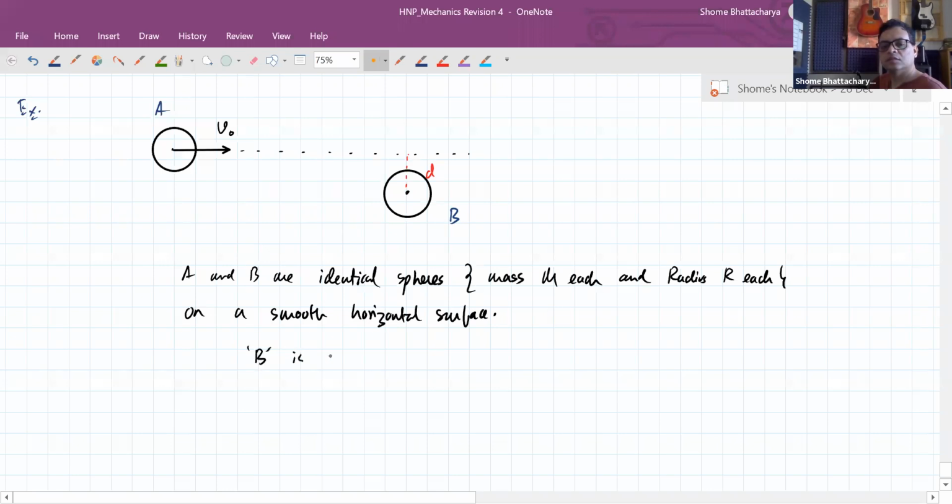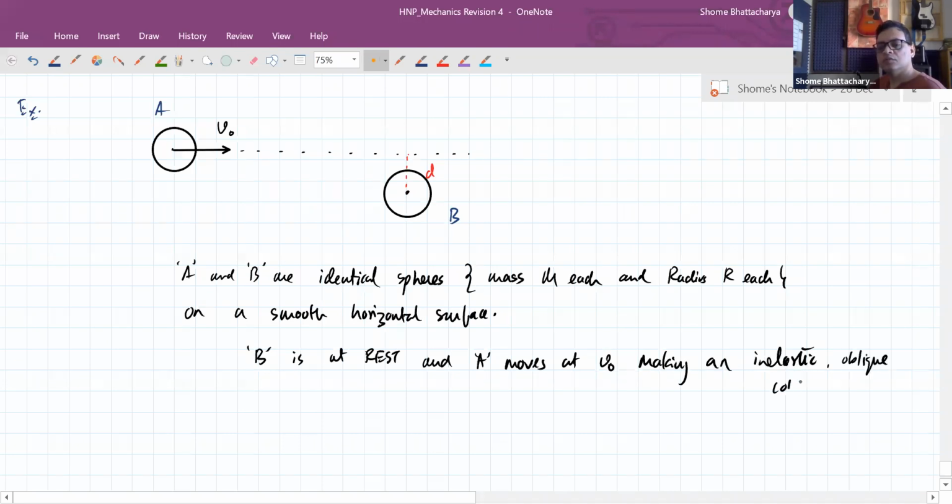B is at rest and A moves at V naught, making an inelastic oblique collision with impact parameter P equal to 1.2 times R.